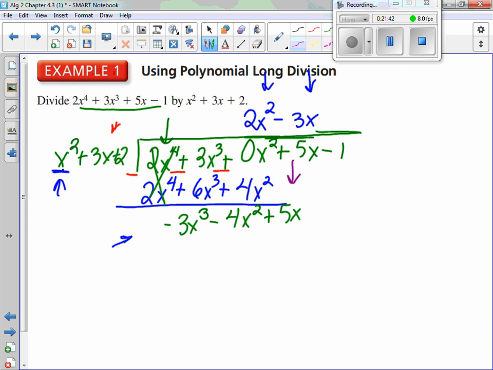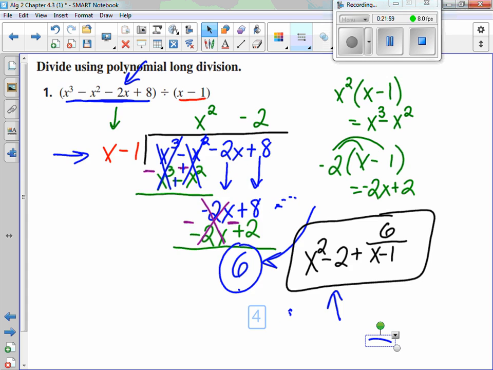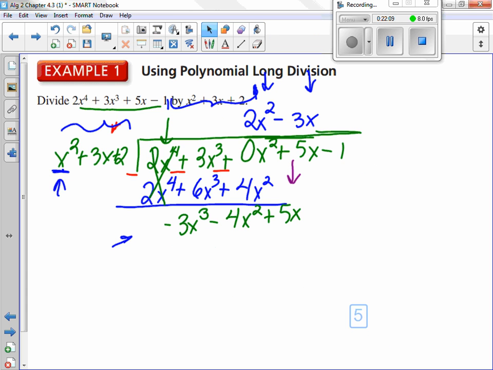Well, I have 3 terms here, yes? 1, 2, 3, I'm starting here. That'll help you also. How many terms do I have here? So I started over 2. This one here would have been 0x, but it works out.